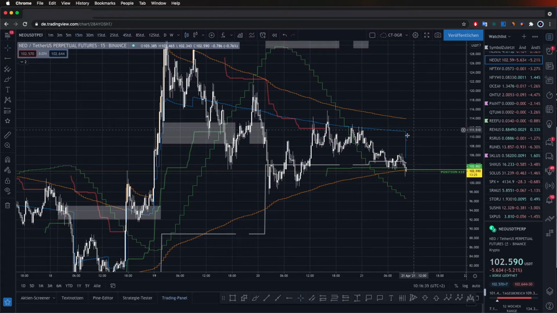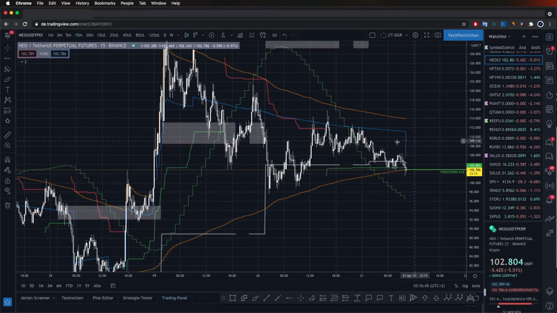What is happening in this moment is that we broke this bullish momentum. You see over here, the next candle starts in a bearish trend. So what could happen is that it goes a little bit more down. But I hope it will accept this line.